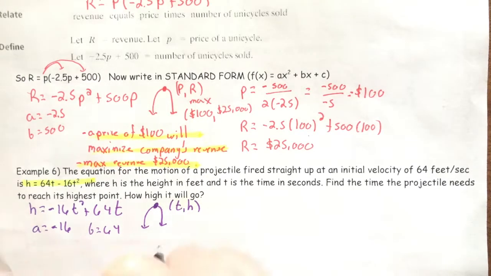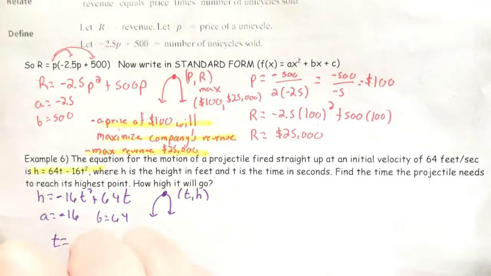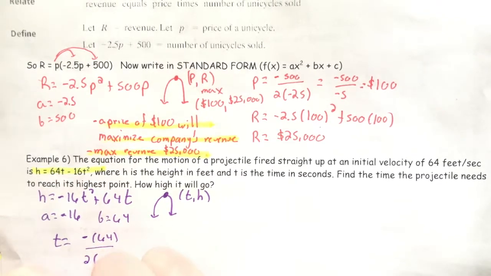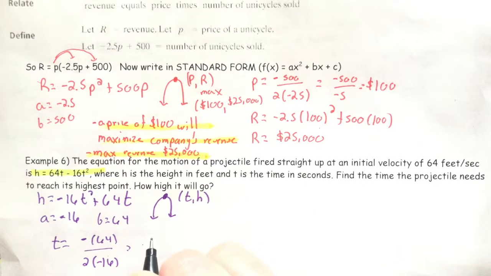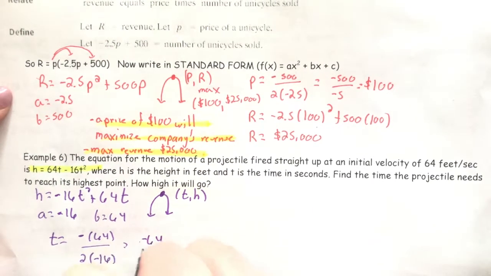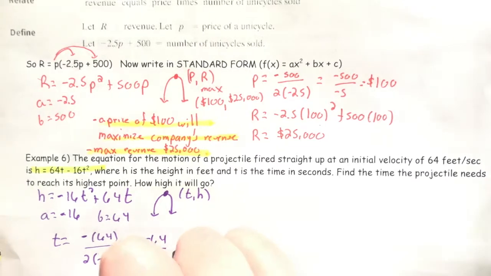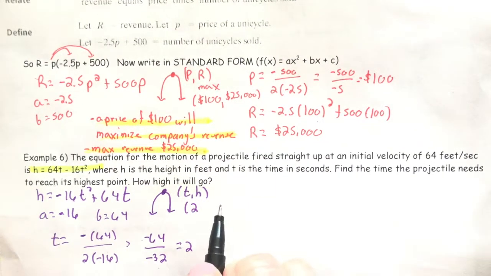So to find my time, the x coordinate of my vertex, it's going to be the opposite of 64 all over 2 times negative 16. So that's going to be negative 64 over negative 32. And when you divide that out, you should come up with 2. So right now, I see that the time is going to be 2.